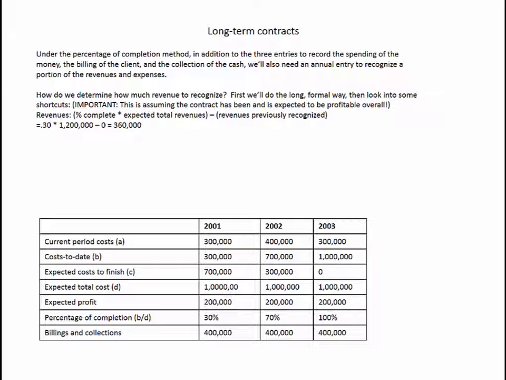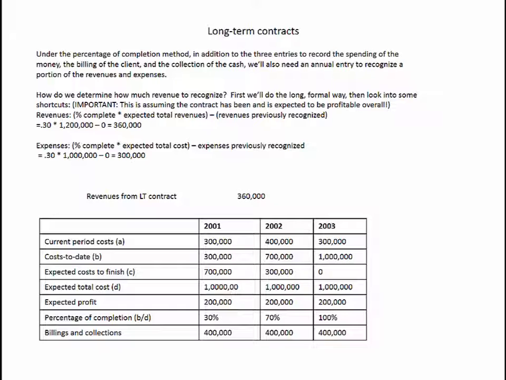So in 2001, that's going to be 30% times the contract price of $1.2 million. Since this is the first year, we haven't recognized any revenues before, so minus 0 equals $360,000. Similarly, for expenses, it'll be the percentage complete times the expected total cost minus expenses previously recognized. So 30% of $1 million minus 0, because no costs have been previously recognized, for expenses of $300,000.